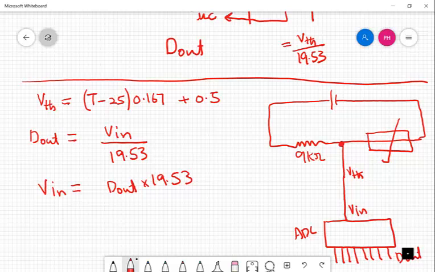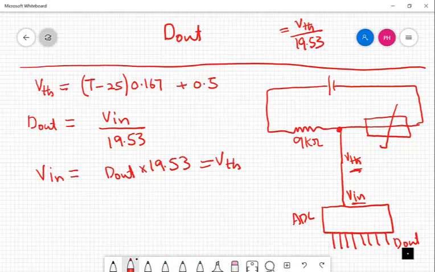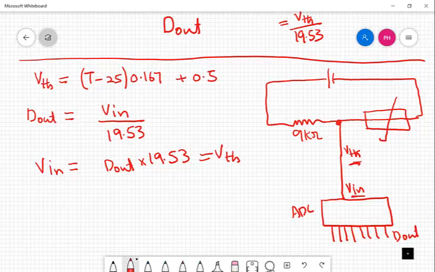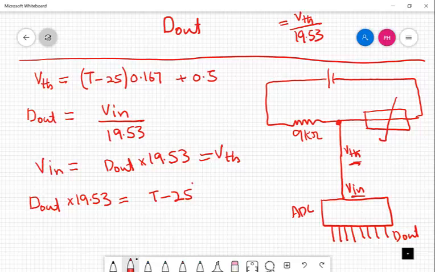This V in is also equal to VTH. V in and VTH are the same. That means D out into 19.53 should be equal to T minus 25 multiplied by 0.167 plus 0.5.